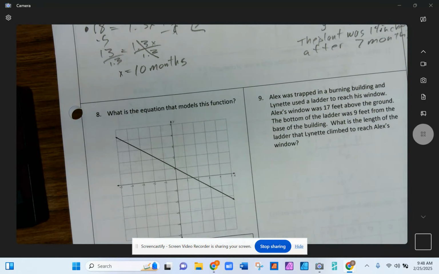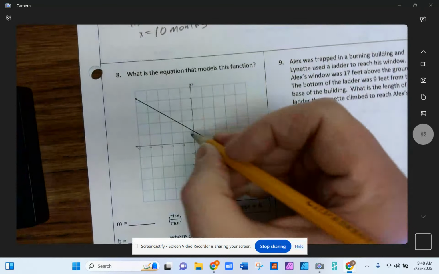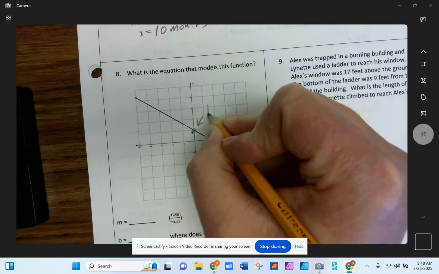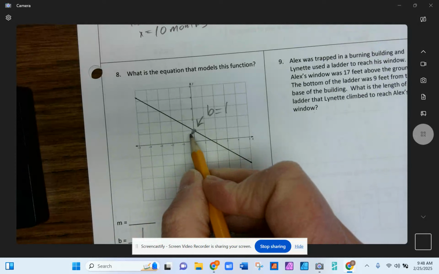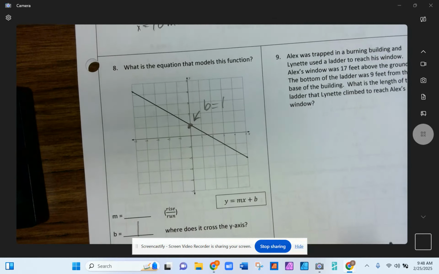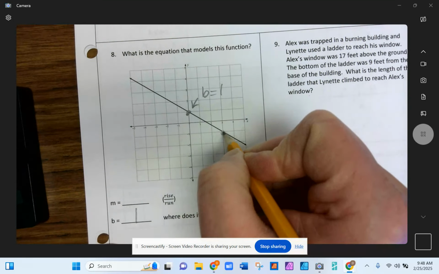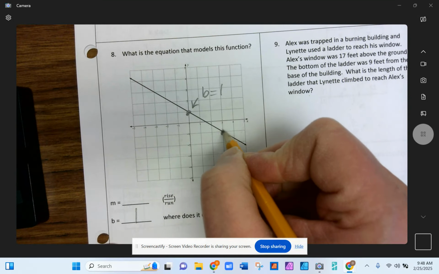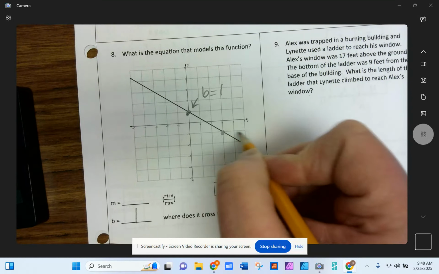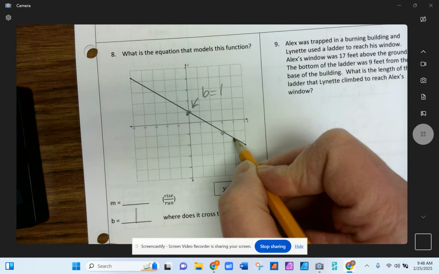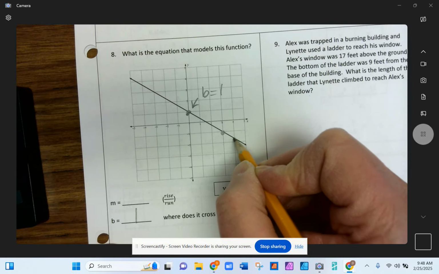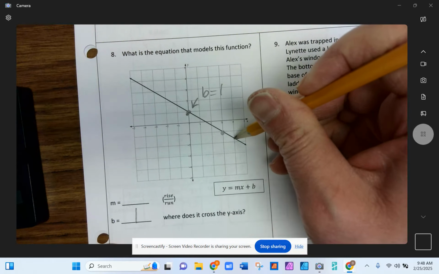What is the equation that models this function? Find your b first. That's your b. It starts at positive 1. And then your rise over run. Find a point, that's your first point, then find another point that's on the line and on the grid. You couldn't use this one here because it's not on a corner, so this point that's on the line does not work.